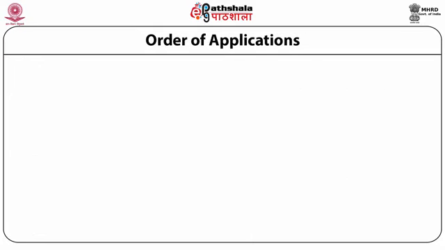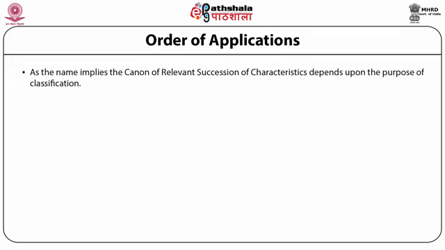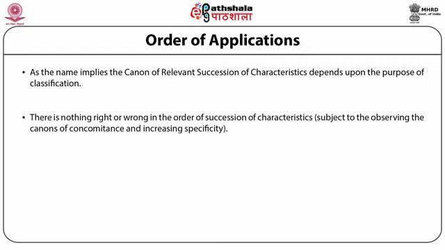Order of their applications. As the name implies, the canon of relevant succession of characteristics depends upon the purpose of classification that we want. There is nothing right or wrong in the order of succession of characteristics, subject to observing the canons of concomitance and increasing specificity.